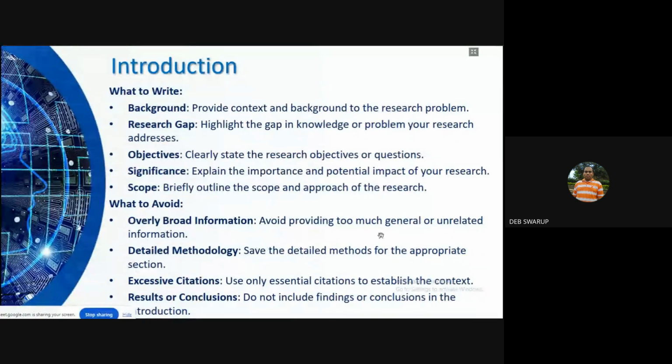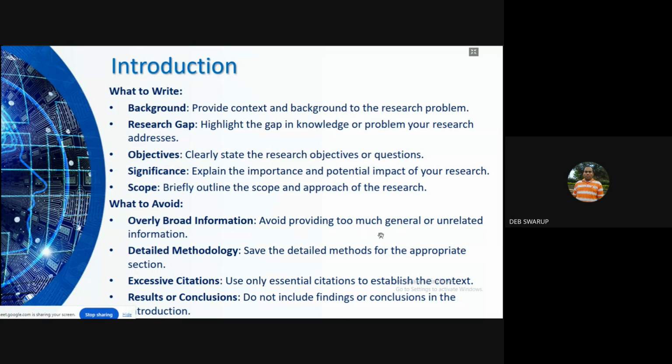Now, in this introduction part, there are certain things which we need to write. There will be the background of research. What does background of research mean? In one particular paragraph, you start with the broader area, then gradually go on narrowing down until you reach the exact research problem.